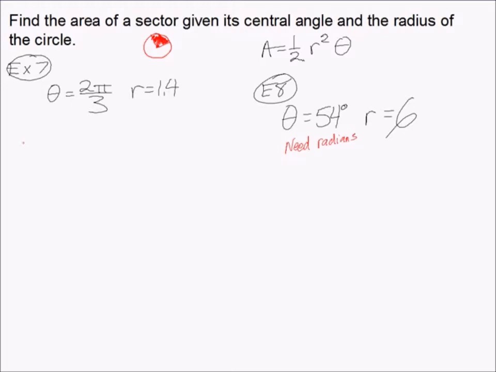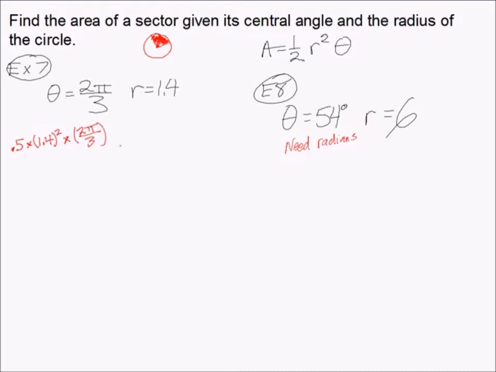So over here, we would do, in your calculator, 0.5, okay, times R, which is 1.4, okay, square that, or you could do 1.4 times 1.4, and then this is times, and then in parentheses, 2 pi over 3, okay?